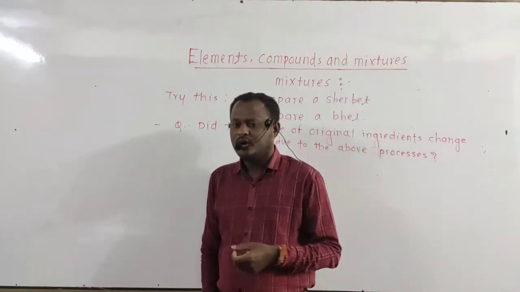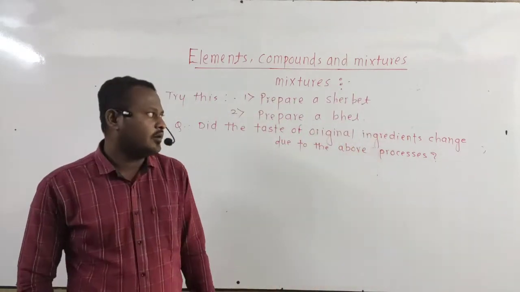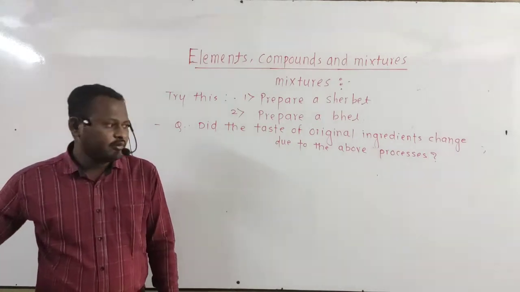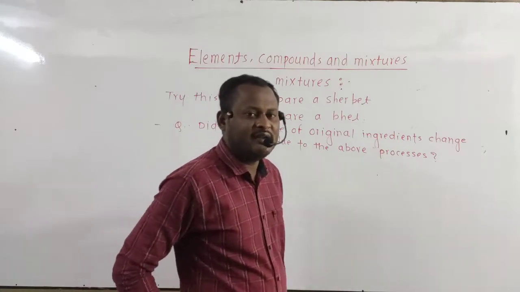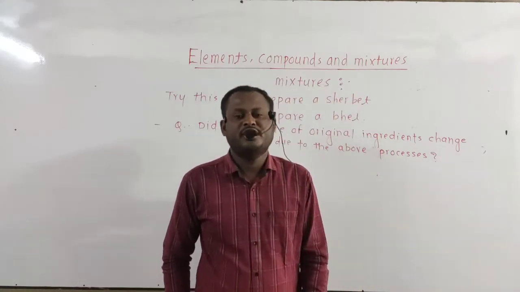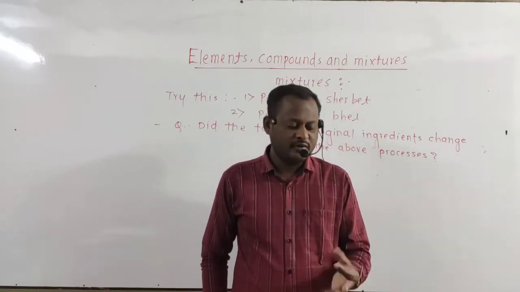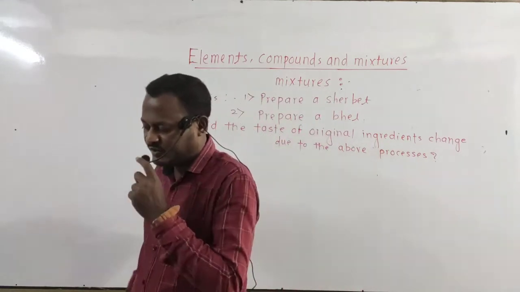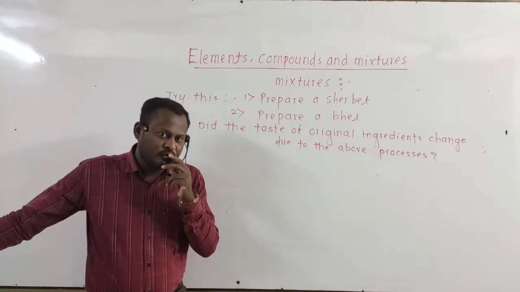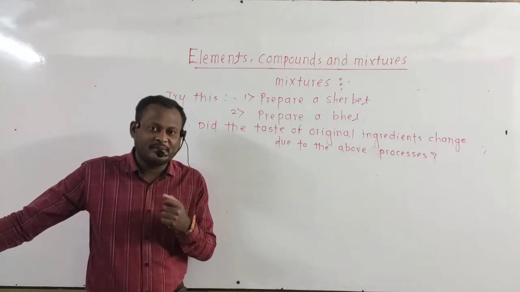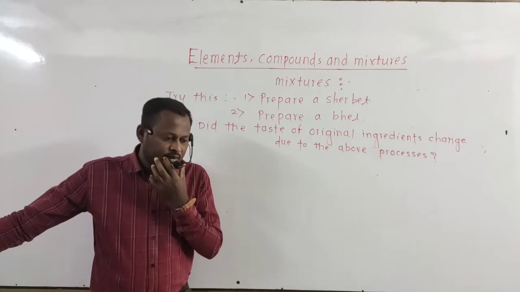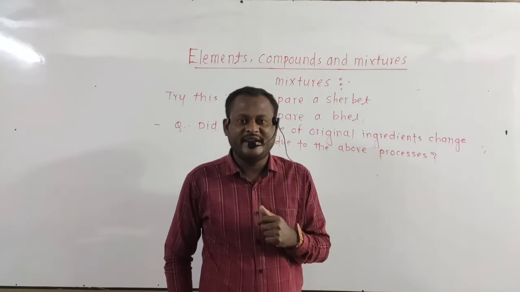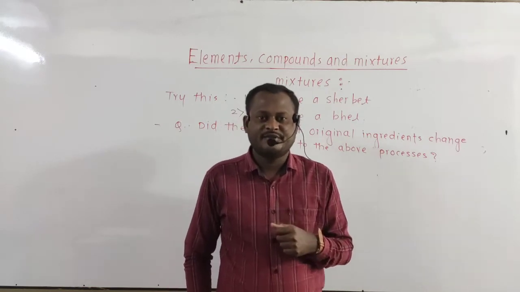You can add that. By mixing these ingredients, there is a formation of sharbat. You know that the taste of sharbat is very good, and we drink sharbat especially in summer season, in hot sunny days. We drink that sharbat many times.